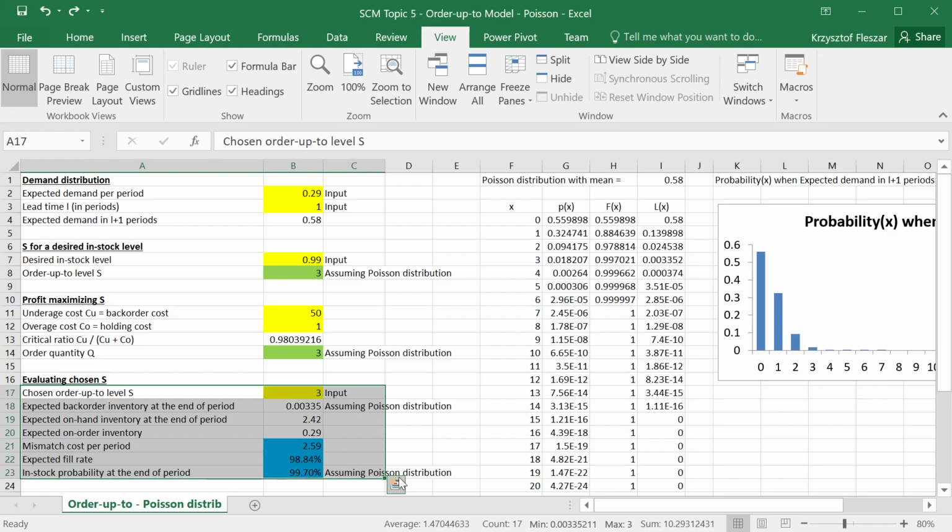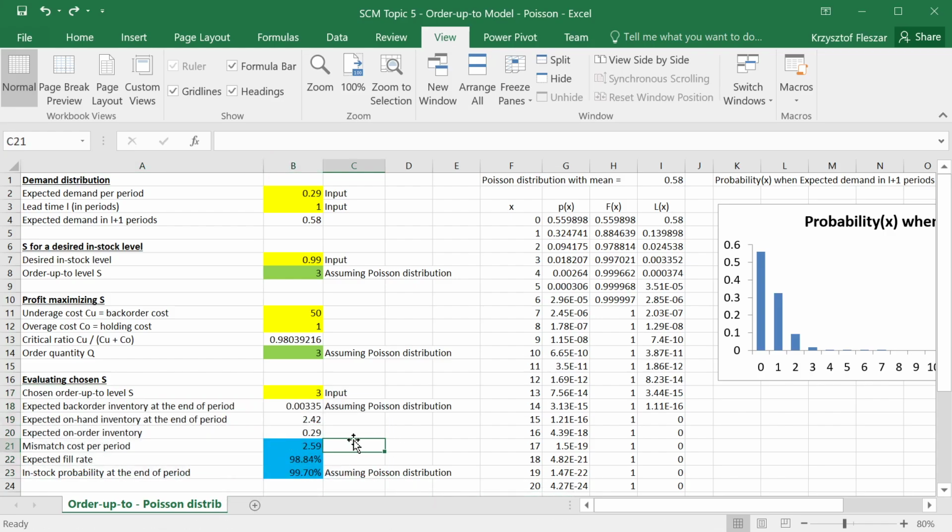If I want to do the same calculation for the Poisson distribution, again, I have here a block of calculations that is evaluating the given order up to level S and finding the expected fill rate. And this expected fill rate, as before, is calculated based on the expected back order and average demand per period. Now, expected back order is based on the Poisson loss function that is calculated here as a third function.